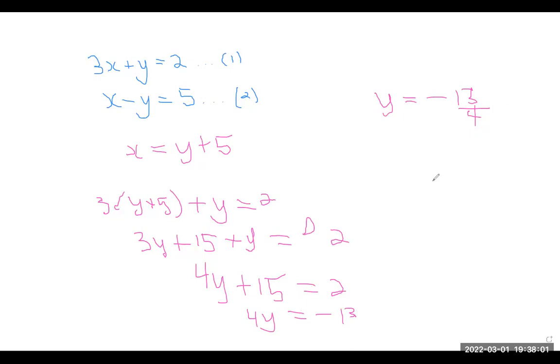So in this case, the answer is negative 13 over 4 or negative 3.25. But you don't just stop there. That's the value for y. How do we find the value for x? Well, now that we know the value of y, I could substitute it back into this equation to find my value for x. So let me use a different color.